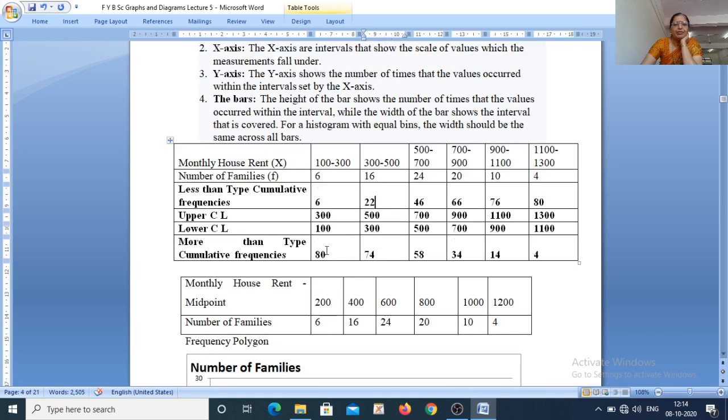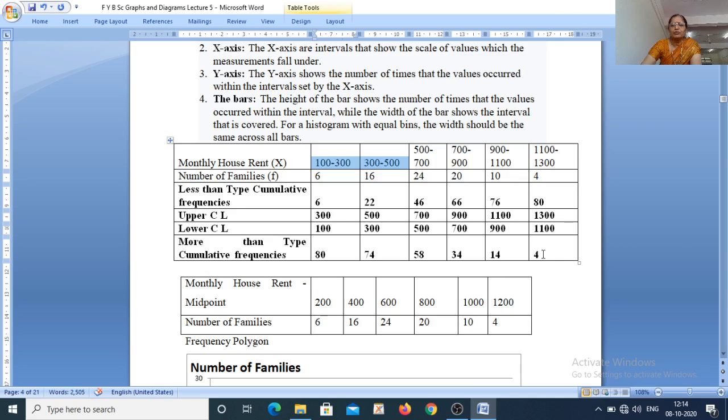Similarly, I ask myself how many observations are more than 100, more than 300, more than 500, more than 1100. Here we are obtaining frequencies such that they are more than the lower class limit.